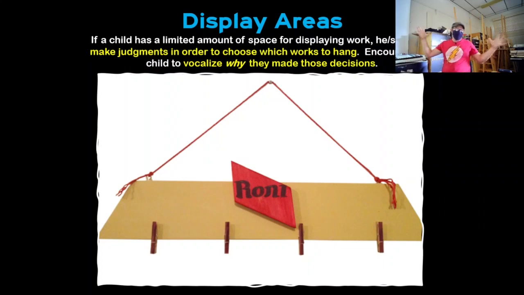And the reason you want to specifically say, "All right, this amount of space is yours," is that with a limited amount of space, you put that child in a situation where they must make judgments in order to choose which works to hang. If you've got a really big space and you say, "Pick out which ones you'd like to hang," they can just say, "Well, I'll hang it all."